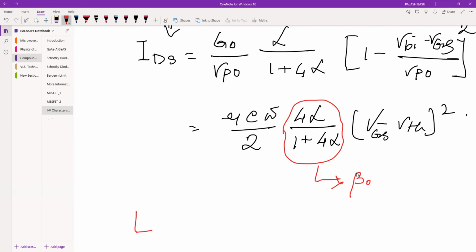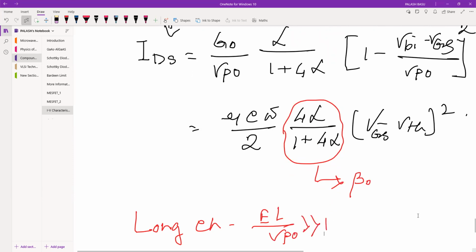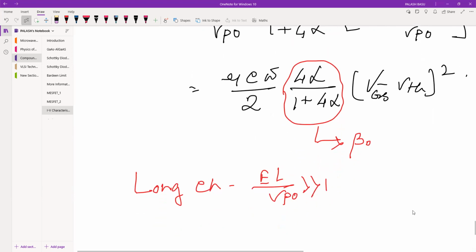For example, if it is a long channel, my alpha, that is E L by Vp0, is greater than 1. That means my alpha is greater than 1, you can write.